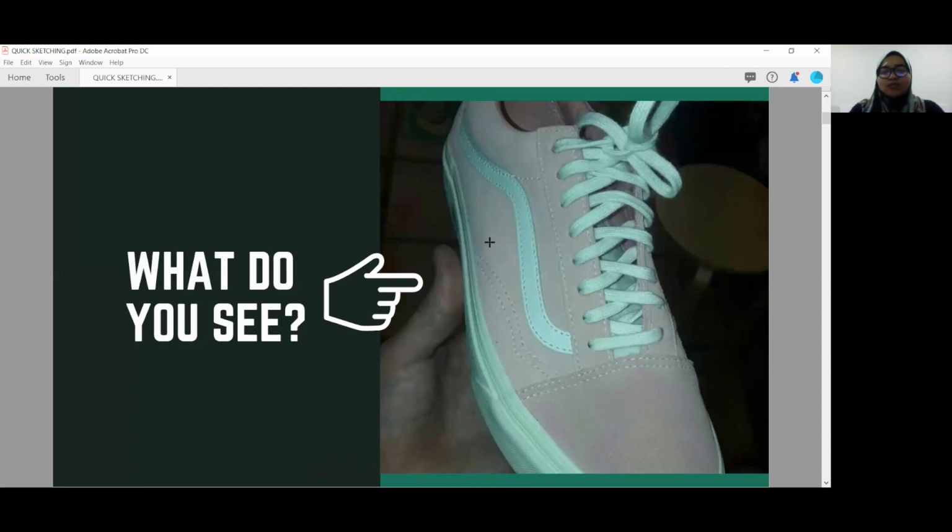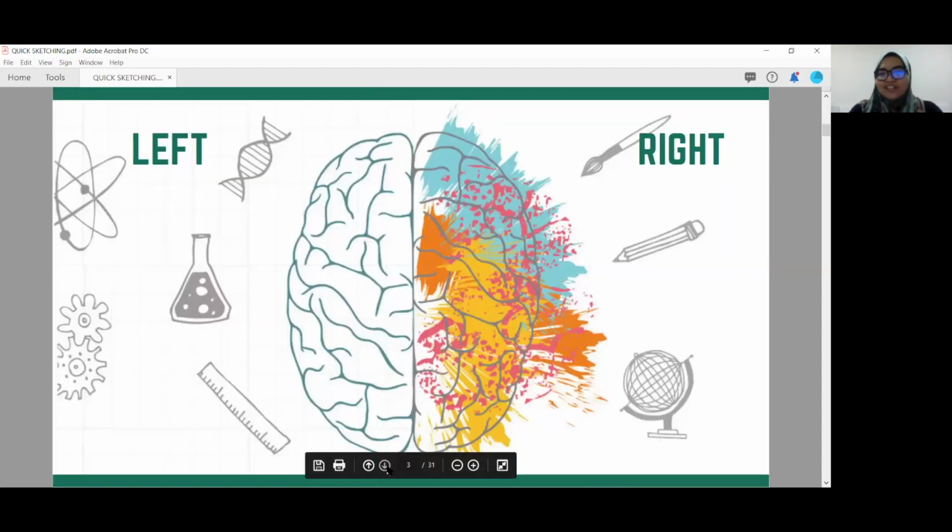Whether or not you see different colors has to do with some technical or scientific evidence, which involves what we call left and right brain coordination. I'm going to address all of you as designers or even architects, because you are going to be the one soon in the future. It's not very far from now.